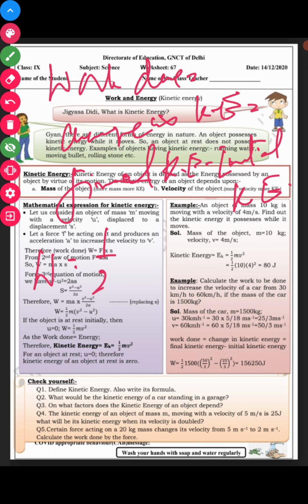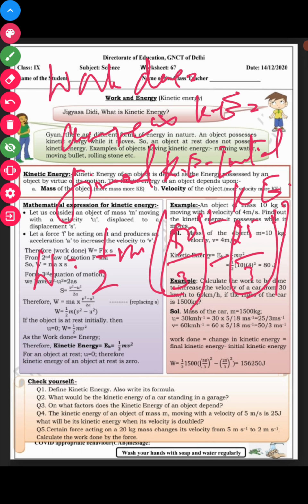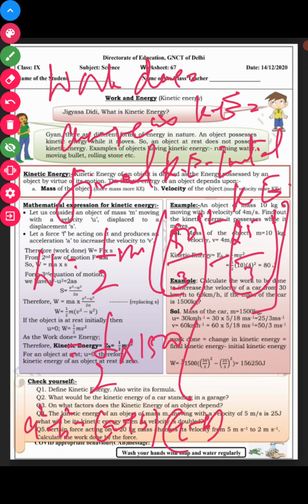So what we will get? W is equal to half m, 50 divided by 3 whole square minus 25 upon 3 square. Okay, so this we have taken as common, just 1500. And if we apply the formula of a square minus b square, which is equal to a plus b and a minus b, we will get 50 divided by 3 plus 25 divided by 3 and also 50 divided by 3 minus 25 divided by 3.